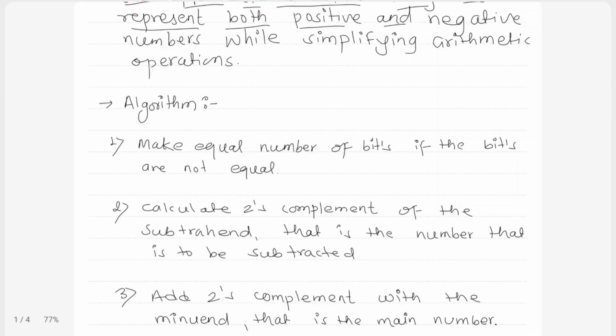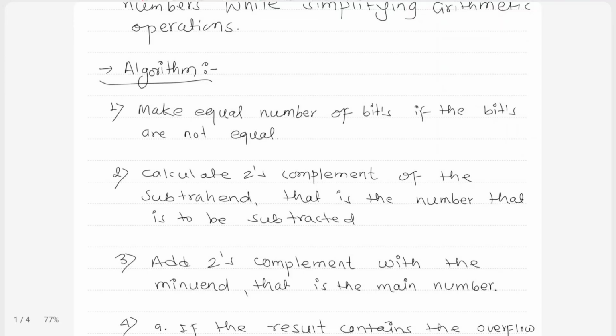Understand the algorithm of two's complement. First of all, we make an equal number of bits if the bits are not equal. Then calculate the two's complement of the subtrahend, that is the number that is to be subtracted.